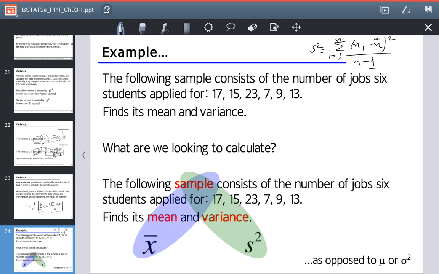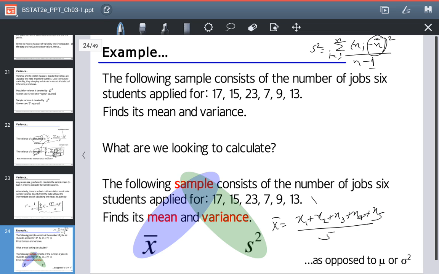So the first step in this is to find out what this x bar is. So we found out that x bar is x1 plus x2 plus x3 plus x4 plus x5 over 5. Okay, so x bar is the summation of xi over n, remember? So the first step is finding out this x bar.